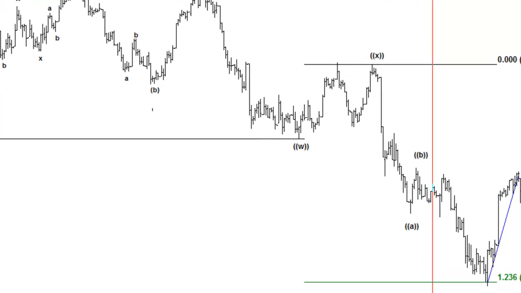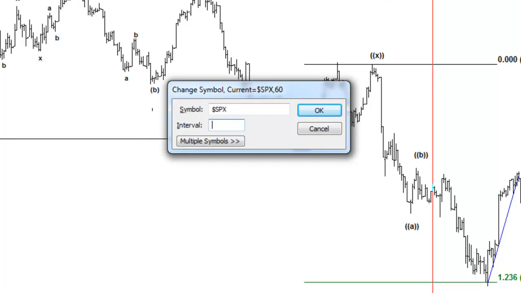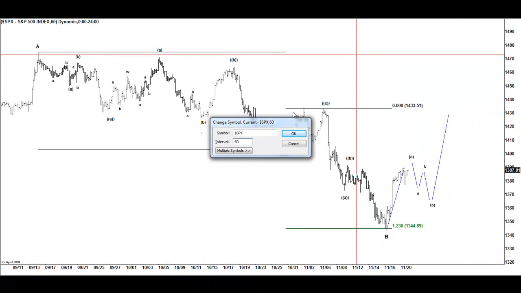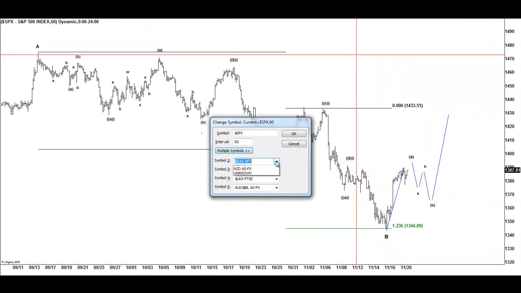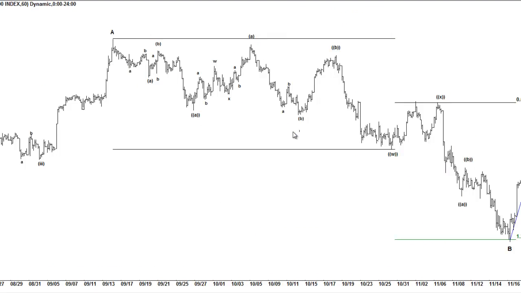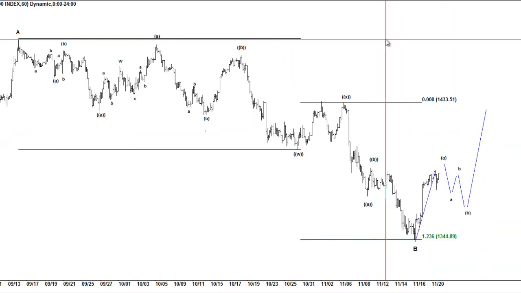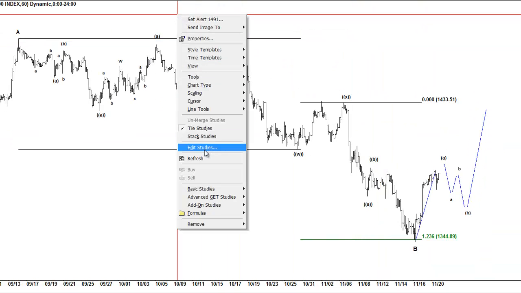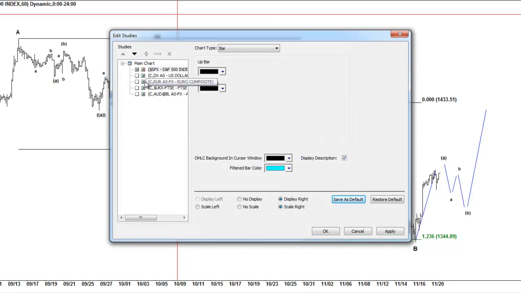If we overlay these three pairs, this is the 60 minute, and we put the dollar and the euro and all three together with the S&P, there can be a very unique scenario here.